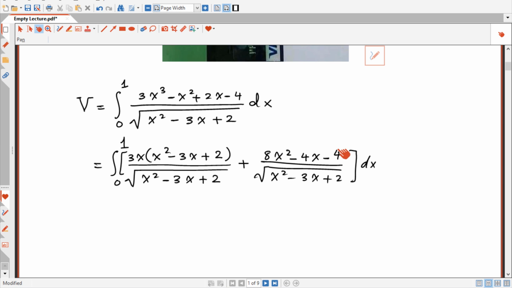We will try to express the numerator as a function of the quadratic term again by adding and subtracting the extra terms. So this is equal to the integration from 0 to 1.